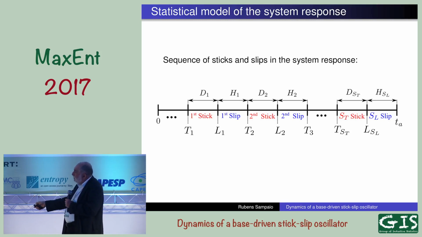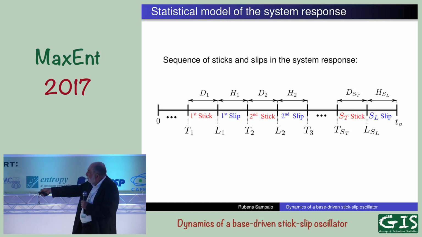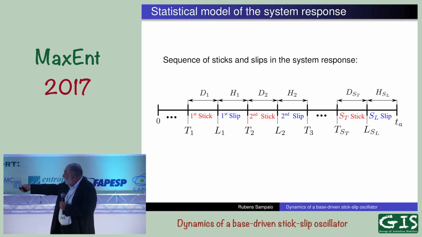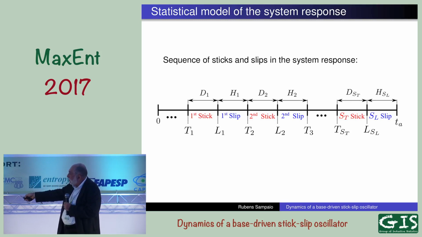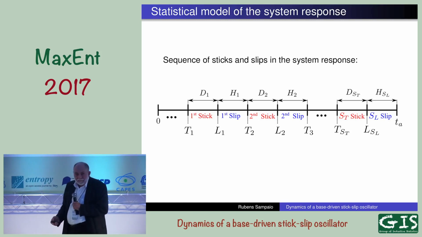Here is the duration of the first stick, duration of the first slip, and so on. And what I want is to get this picture. As you see here, I put everything uniform. I said, since I don't know them, everything's uniform. So the random variables I have are the number of sticks, number of slips, instants where the sticks start, instants where the slip starts, and the durations. I want this.